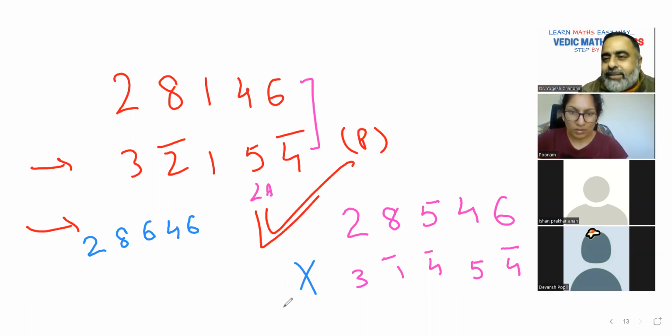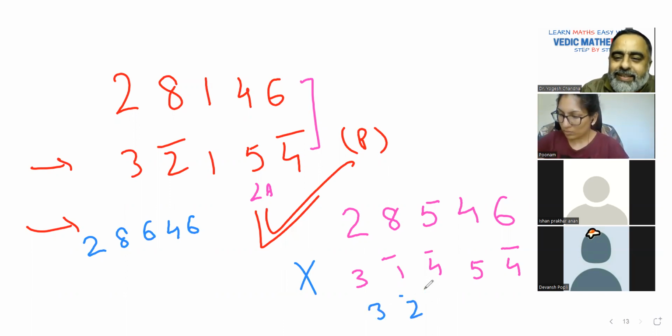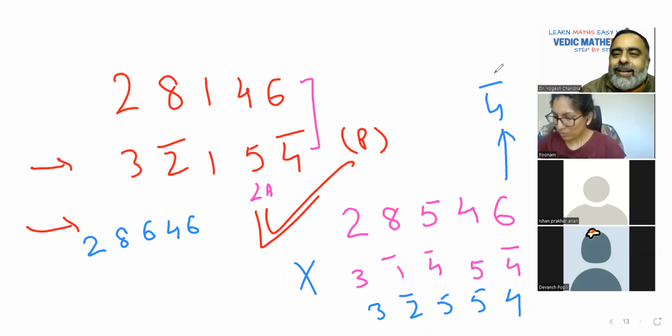Yes, Devansh. So is it 3, 2 bar, 5, 5, 4 bar? Now see, first is correct, 4 bar. Now after R1, you'll apply R2A, 5. What after R2A?